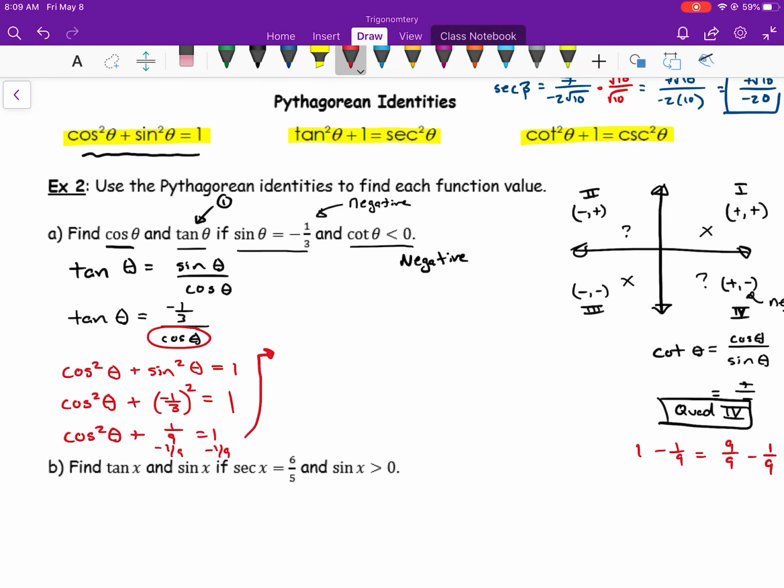Okay, so here we go. I have cosine squared of theta equals 8/9. I'll take the square root to solve this. I get cosine of theta equals square root of 8 over square root of 9.